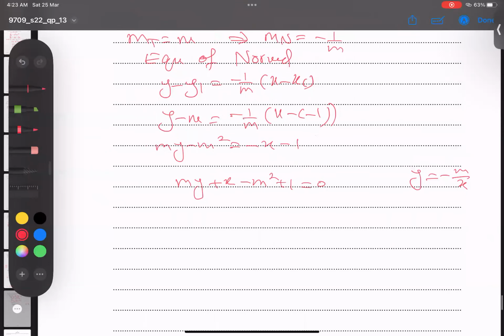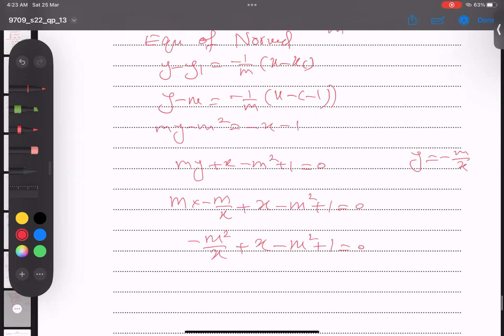Okay, as I plug in this y value here, let's see what happens. I get negative m over x, plus x minus m square plus 1 equals 0. Which is negative m square over x plus x minus m square plus 1 equals 0.